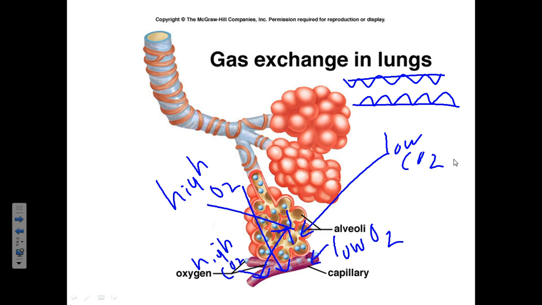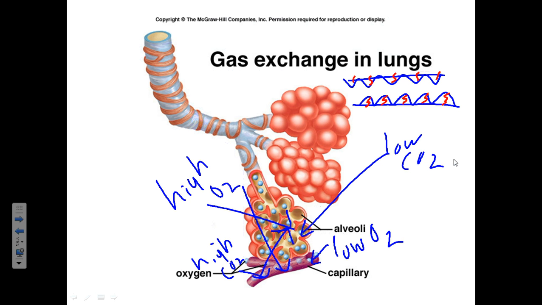It's very tiny though, and inside those little hair-like structures are capillaries. So let's draw those in red. These little squiggly things I'm putting inside are supposed to be blood vessels, capillaries. As the food that you've eaten moves through the small intestine, it's getting digested.